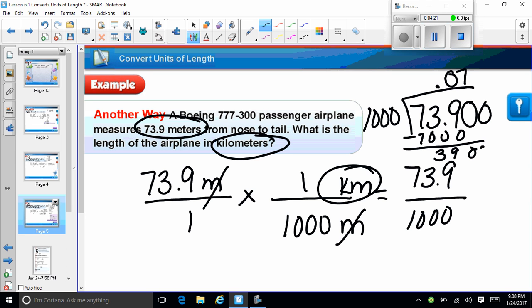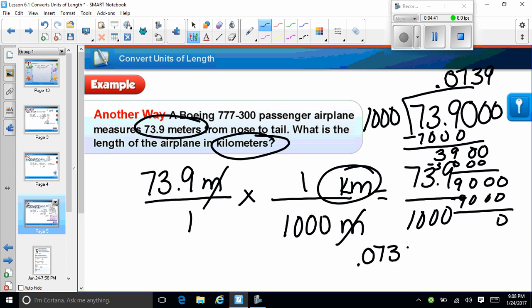And keep adding a 0, and you can see I'm going to keep getting the same numbers. And so my answer is going to be 0.0739 kilometers.